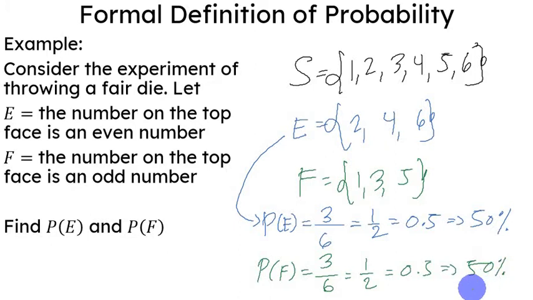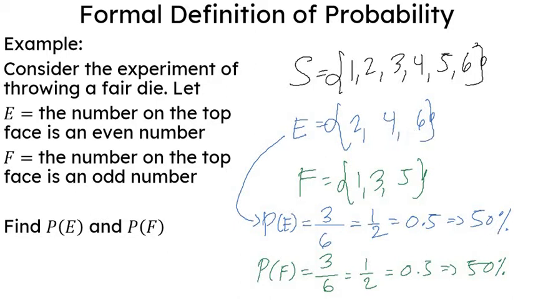So this means that the probability of getting an even number on the top face when you throw a fair die is half, 50%, and the probability of getting an odd number is half as well, 50%. Now, if you take notice, these two events cannot happen at the same time. As you can see, there are no common elements, which means that I cannot roll a die and get both an odd number and an even number.